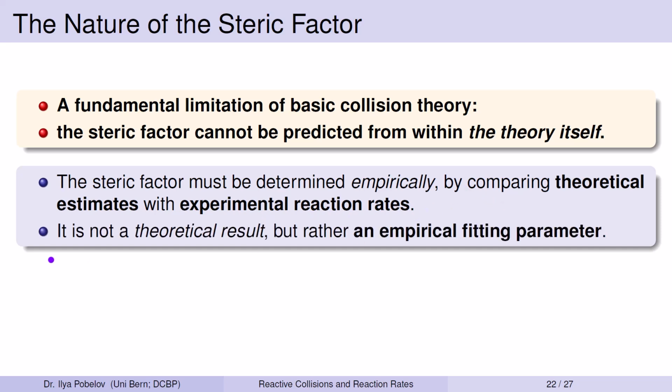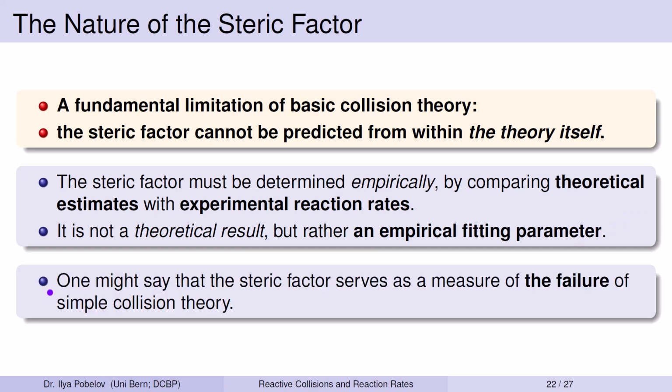In this sense, it is not a theoretical result, but rather an empirical fitting parameter. In fact, one might say that the steric factor serves as a measure of the failure of simple collision theory.